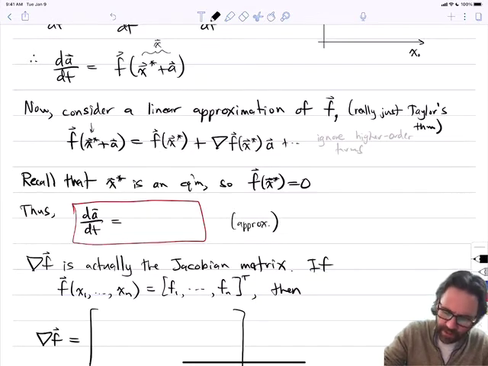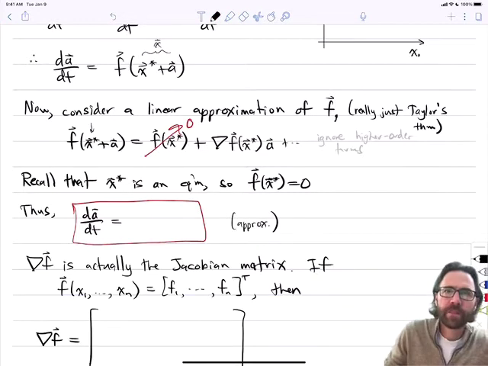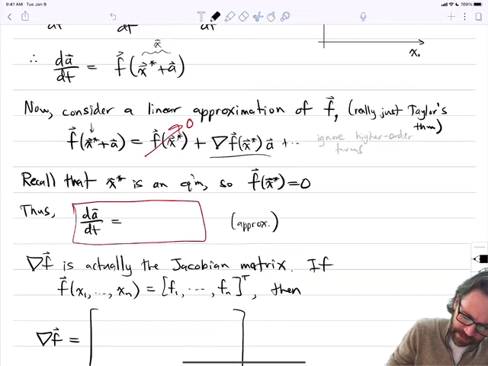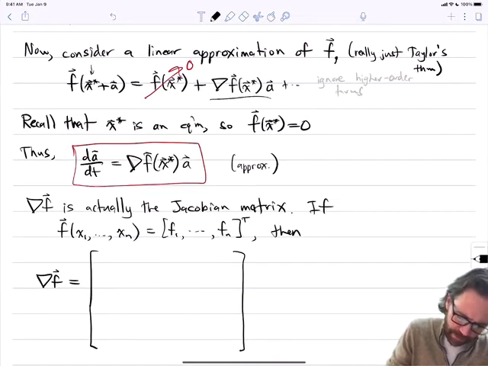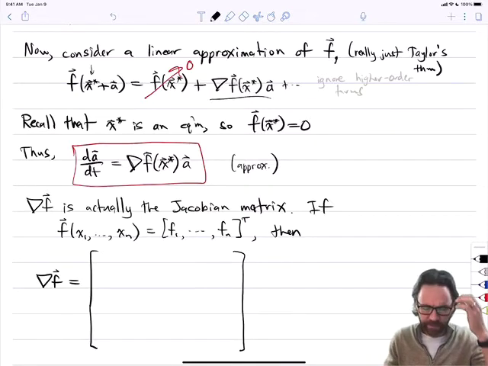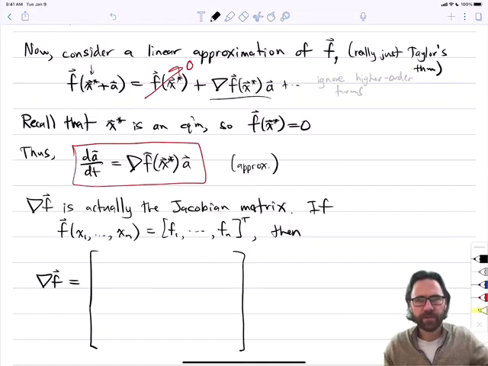So we can actually ignore this first term. It's just 0. Whoops. So then we can rewrite it as just this second part here, the gradient or the Jacobian evaluated at the equilibrium times our variables or displacement A.